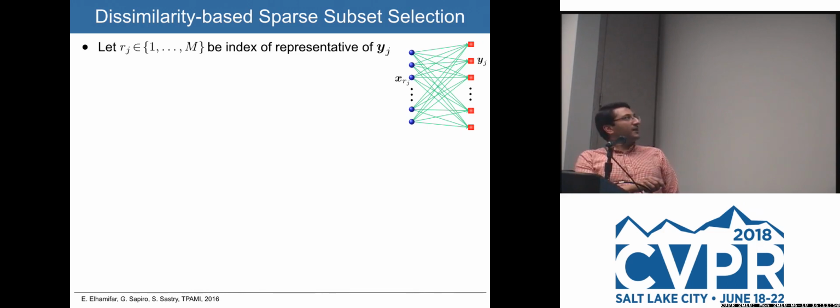We assume that every point in the target is going to be represented by one and only one representative from the source, and rj denotes the index of the representative of yj. These are unknowns, and the goal is to recover this set of unknown representatives. So I have shifted the problem to recovering these indices.